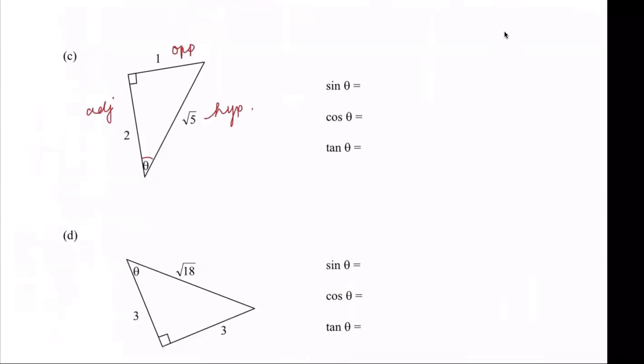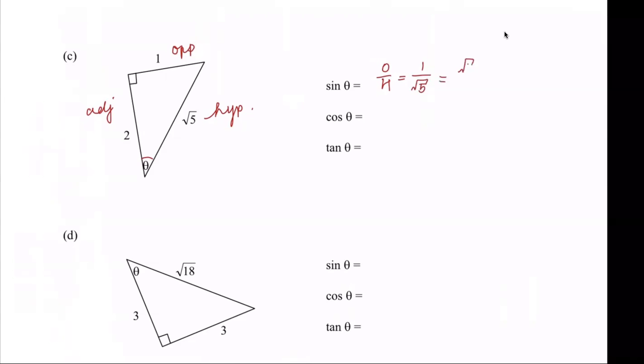So sine theta is equal to O over H, which is equal to 1 over square root of 5. You can leave the fraction like this, or you can multiply square root of 5 on the numerator and the denominator.